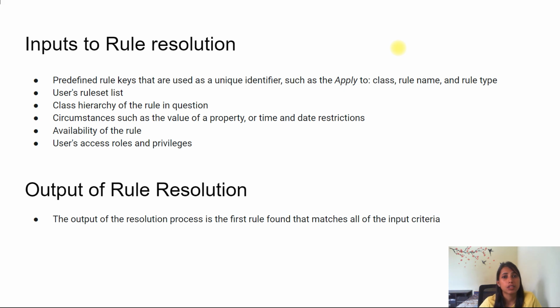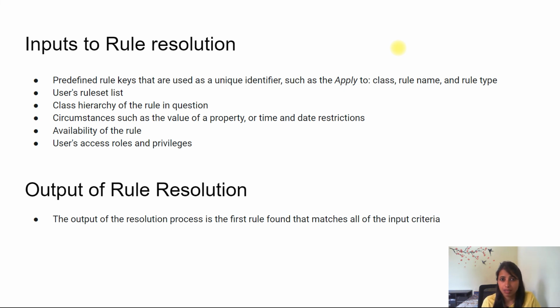And the other thing is you should know your operator's rule set list. Whenever you log in to your application, there would be a rule set stack built up according to the application you have access to, the rule sets you have access to, all of these. So your rule set list is important before we start with the rule resolution, and the class hierarchy of the rule in question.